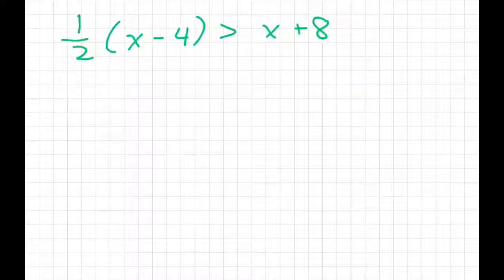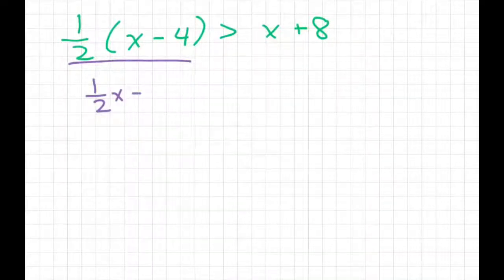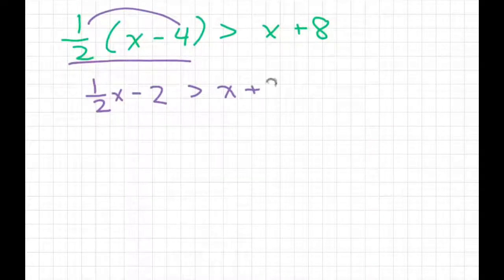Alright, the next one is a little harder. So let's go ahead and just distribute that. That's going to be 1/2 x minus 1/2 of 4, which is 2, is greater than x plus 8. I love getting rid of the parentheses. Now, if I subtract x from both sides, that's 1x, I get negative 1/2 x.